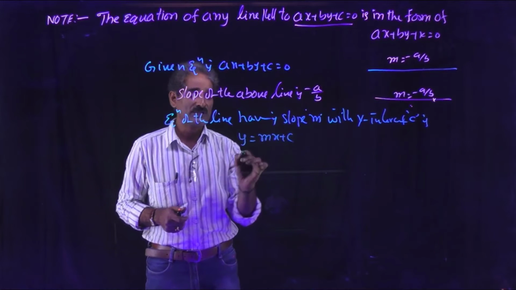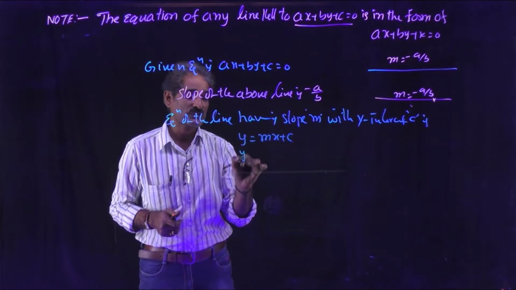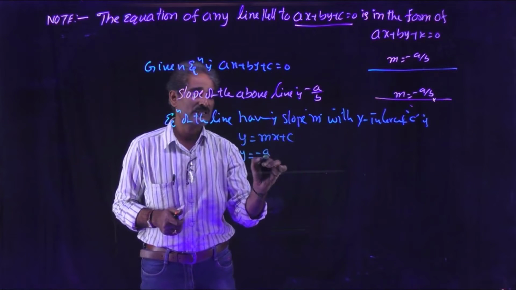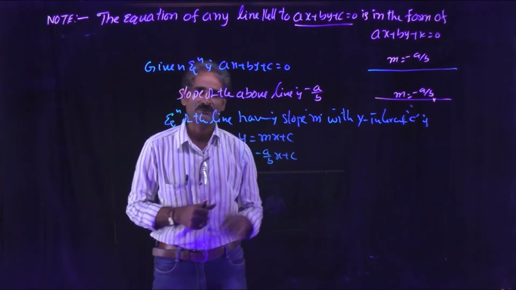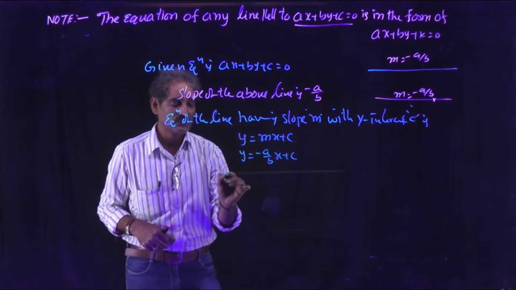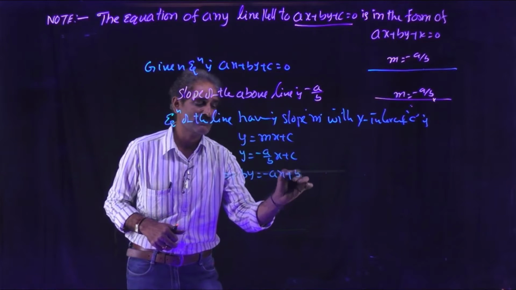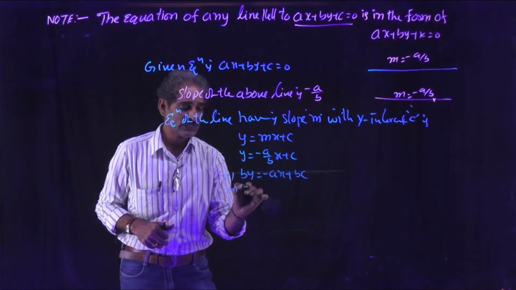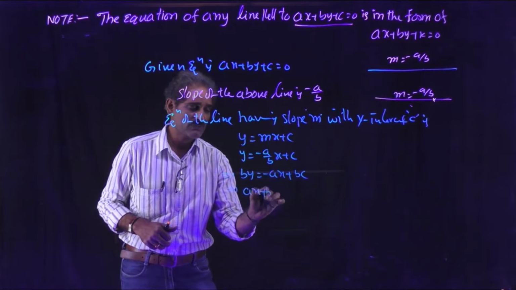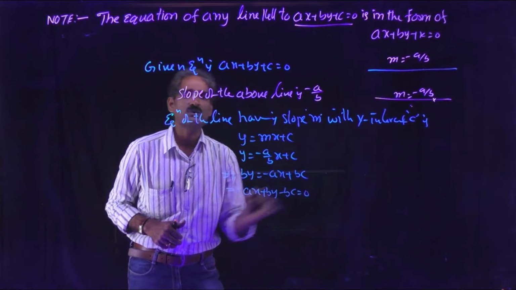So here the slope of the given equation is minus a by b. So y equals minus a by b into x plus c. To simplify it, we get by is equal to minus ax plus bc. From this we can write ax plus by minus bc equal to 0.